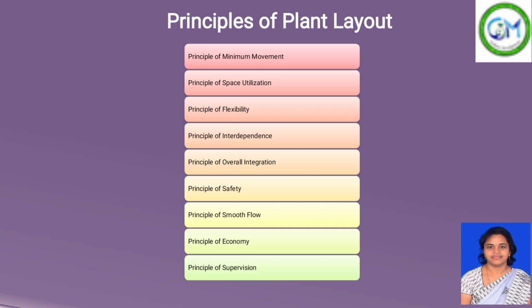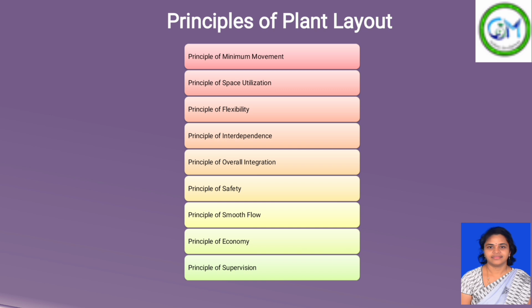Designing a safety layout separately in the organization is very important. Next, principle of smooth flow. The layout should be designed so as to reduce work bottlenecks and facilitate uninterrupted flow of work throughout the plant.